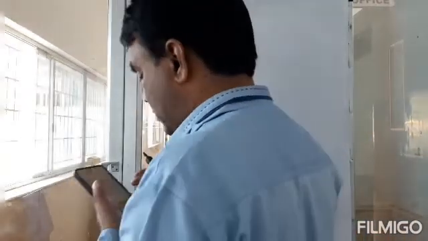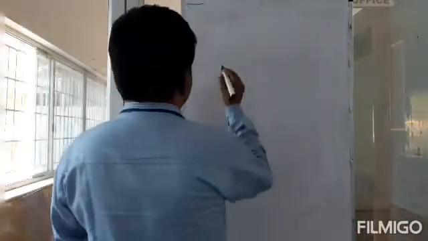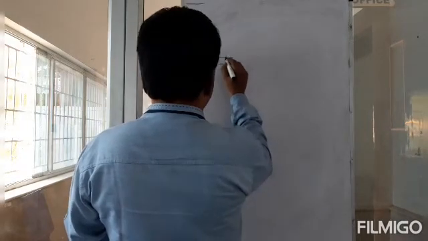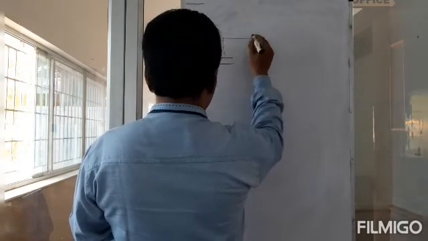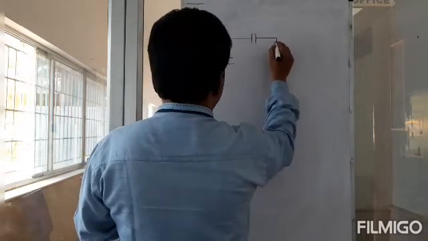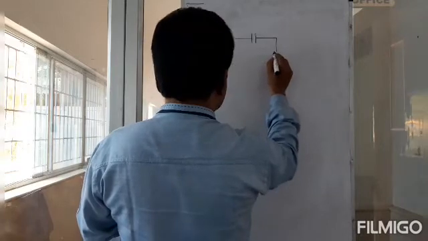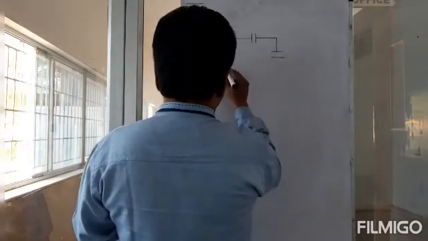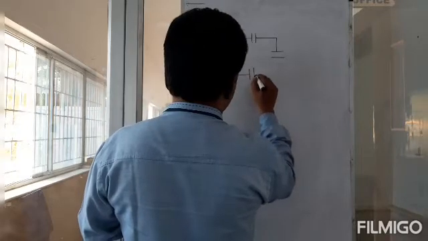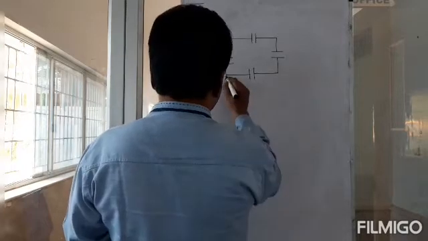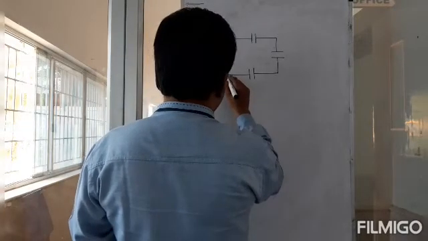So this is the network. So you have C1, and then you have C2, and you have C3, and then you have C4, and they are connected to the battery.